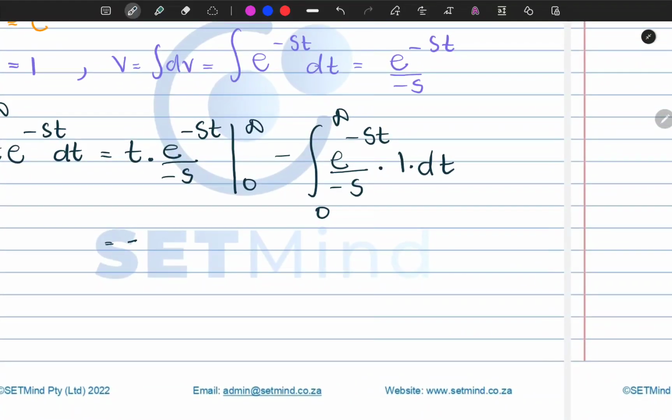So all I have is negative t e to the negative st divided by s, from 0 to infinity. When we integrate the part inside, if you look carefully, you will see that we get e to the negative st divided by negative s all squared, by the chain rule.